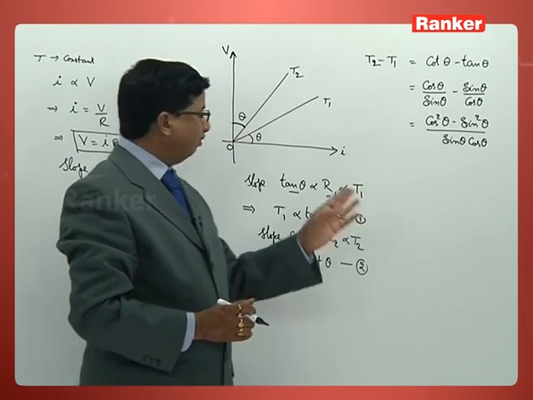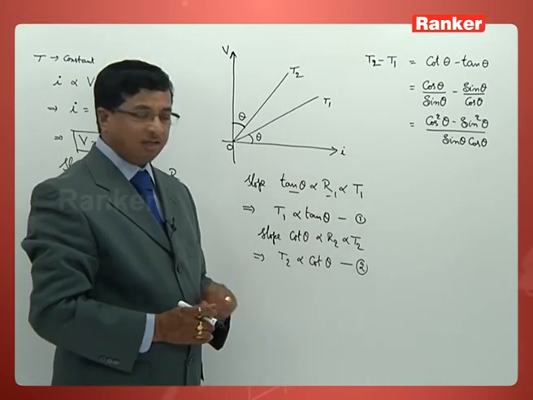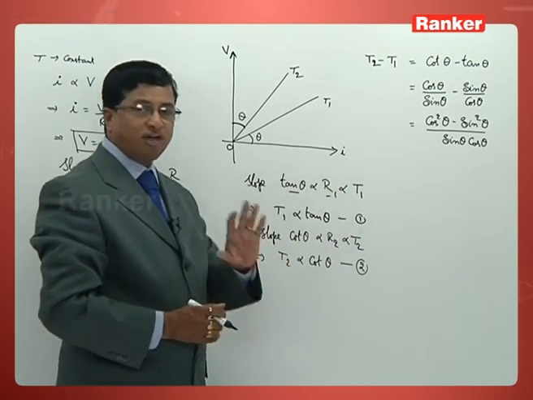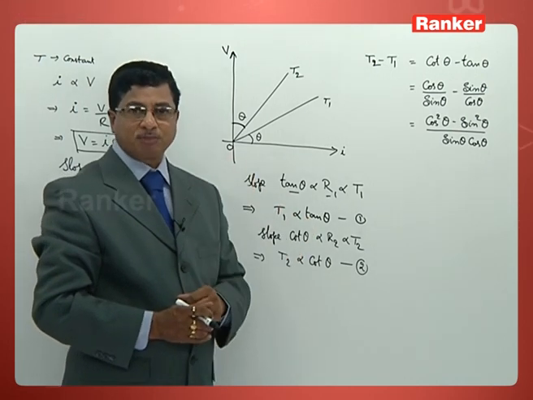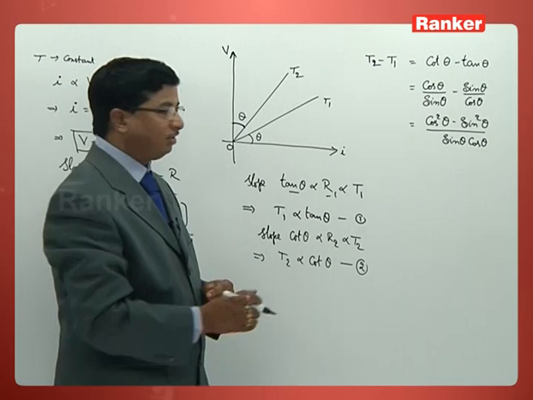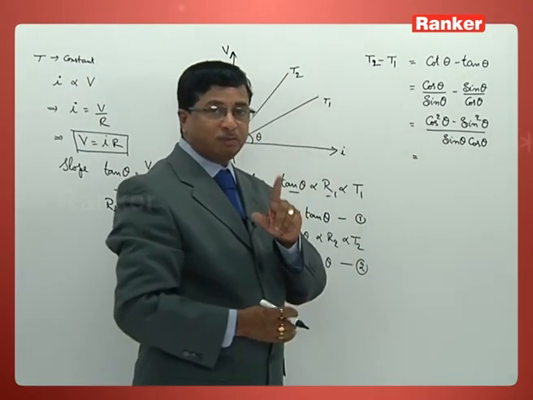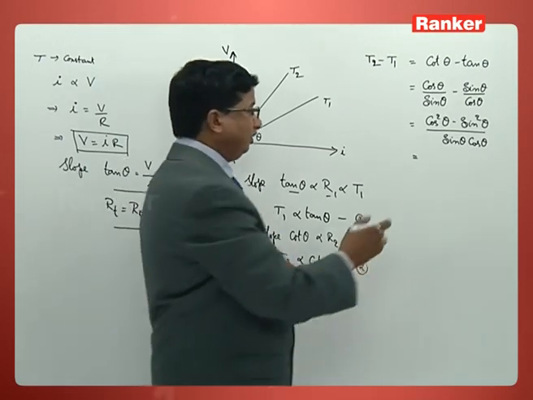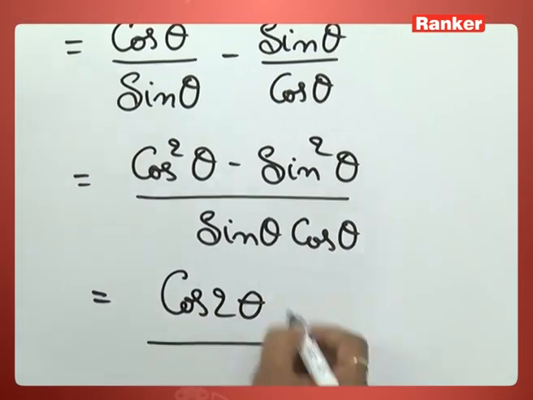The moment you have observed that T1 is proportional to tan theta and T2 is proportional to cot theta, the physics part of it is over. So you can say straight away cos square theta minus sin square theta is cos 2 theta as such.